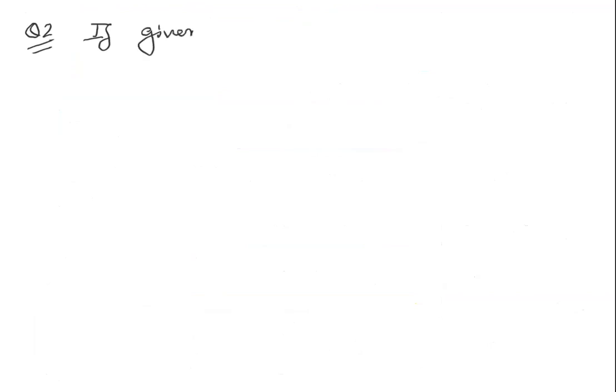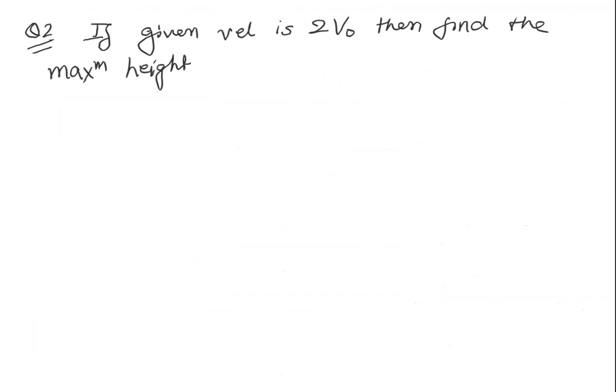If given velocity is 2v naught, then find the maximum height to which the block rises. So the height of the wedge is same.